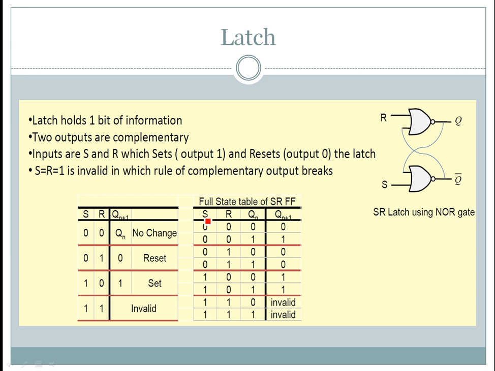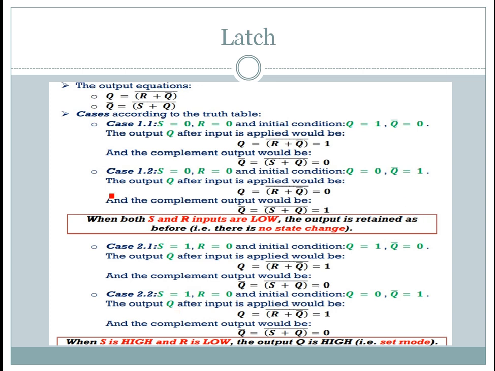So whenever you apply the S and R inputs, for example, if S and R are both 0, 0, and the previous state of the latch is 0, what will be the next state? And for the same input 0, 0, if the previous state is 1, what will be the next state? Let's consider this circuit and analyze it now.